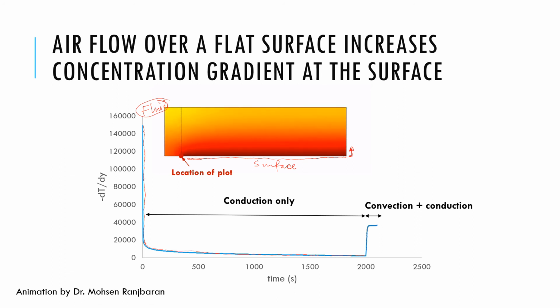Now the rate of heat transfer is related to this gradient. So the rate of heat transfer may be very high initially, but then it becomes low. So this is the problem with just conduction heat transfer.